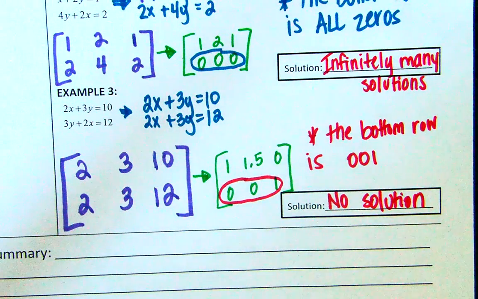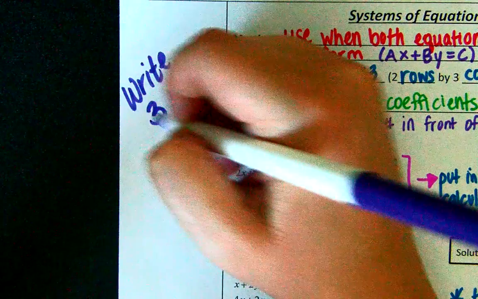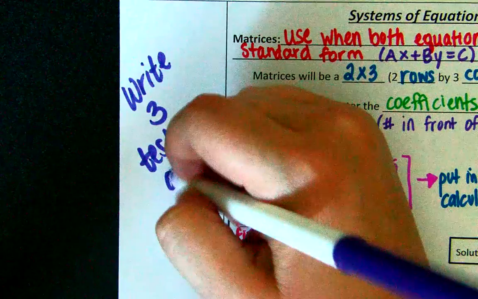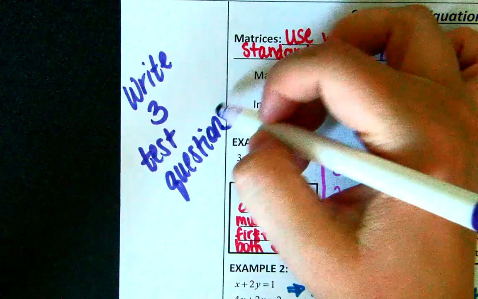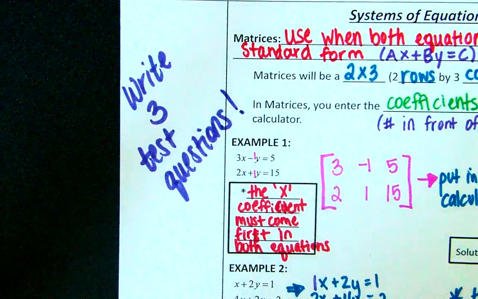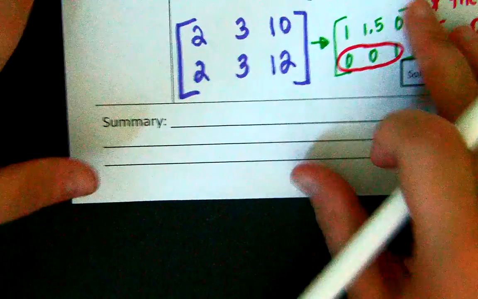Okay, I need you to write your 3 test questions over here that we would potentially add from what you just learned. And then I need you to write your sentence.